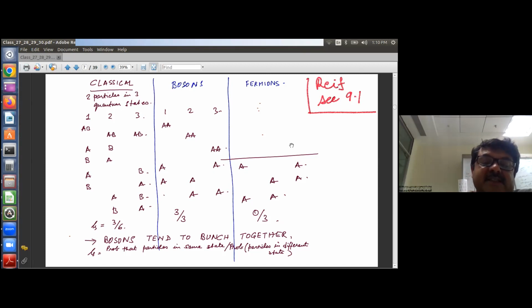So in this sense, zeta is a measure of how much particles would tend to spread over different quantum states. So for classical, it is 3 by 6, and for bosons, it's 3 by 3, which is 1, and here this is 0 by 3. Right, so it distinguishes the tendency of particles to spread over different quantum states. Of course, in reality, you will find only these two.